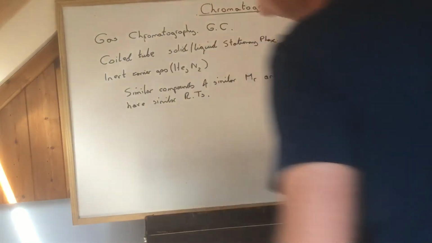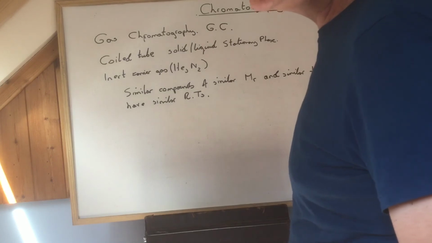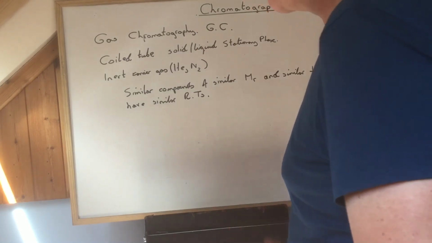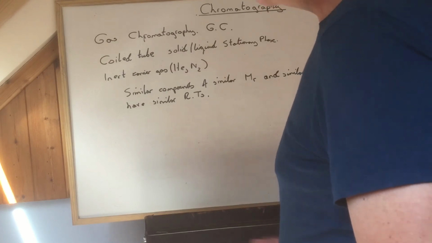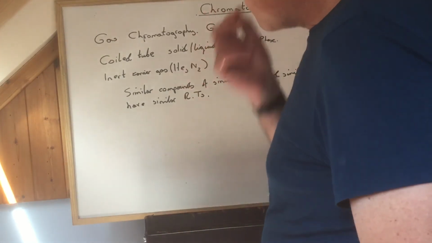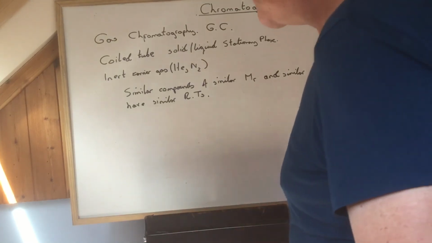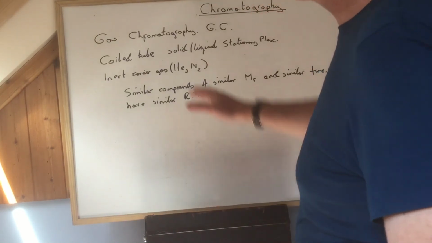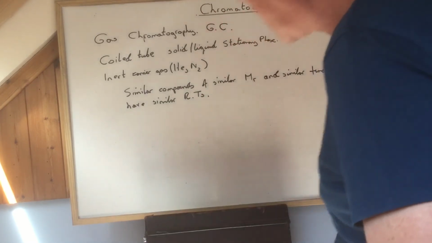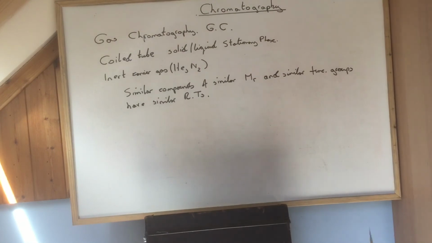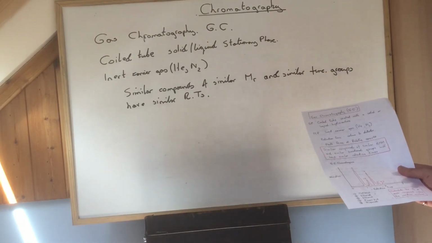So if you've got a mixture of esters of similar relative mass, they're all going to come out at about the same time. If you've got a mixture with two esters and one alkane, the two esters might come out first and the alkane last, or perhaps the alkane comes out first, depending on what you use for your solid or liquid stationary phase. But either way, they'll be split on that basis.